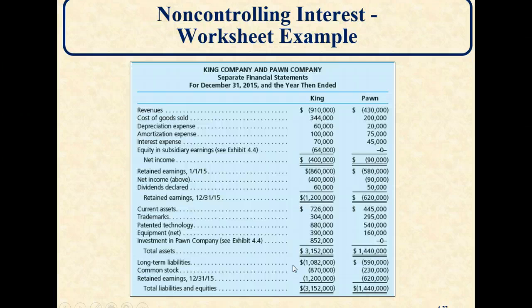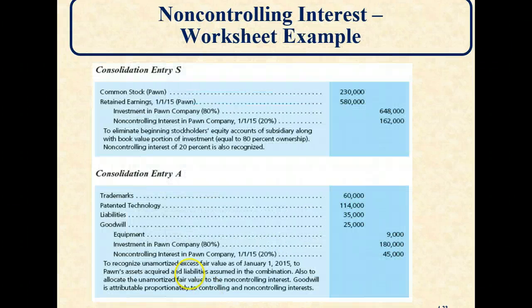So we're going to need to eliminate the stock of the subsidiary because we own 80% of this company. So we're going to eliminate the stock here of $230. So the first thing we've done, common stock, $230.